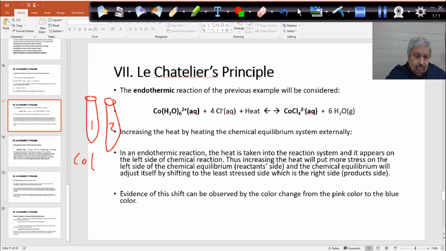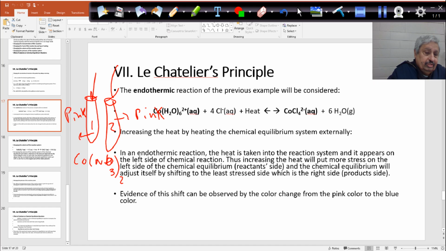You started with cobalt nitrate, and both of them were pink, correct? Pink. Then I added concentrated HCl to number 2. So this is pink, nothing is added. Number 2 is added; nothing is added here.